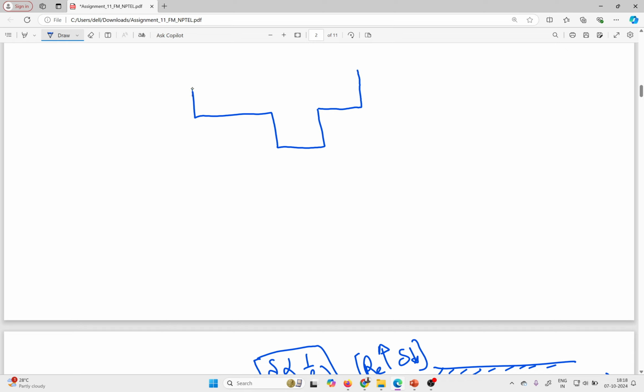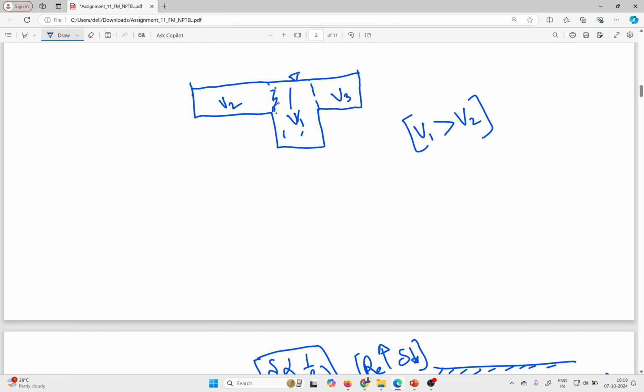If this is the cross section of flow, here is velocity 1, here velocity 2, here velocity 3. Definitely your velocity 1 will be more than velocity 2. So here velocity is less, here velocity is more.